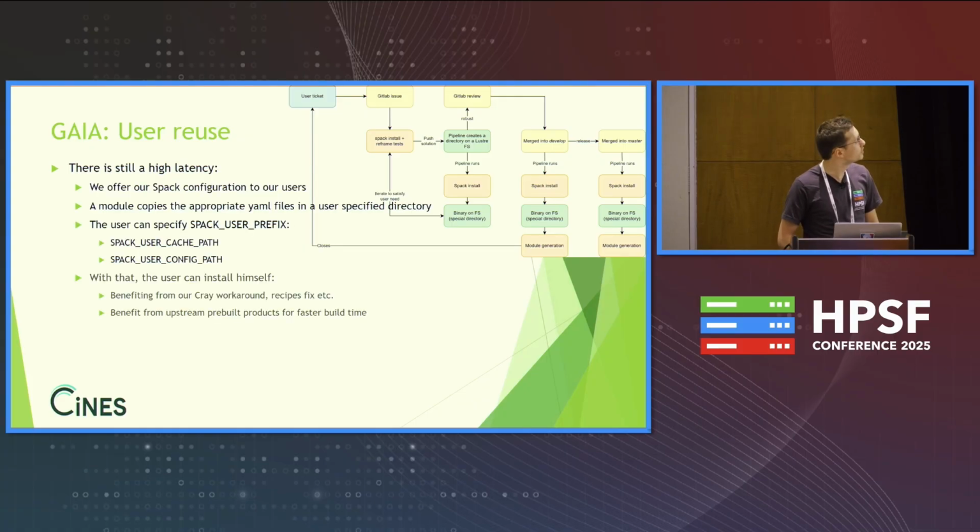And so what we do instead is provide what we call a Spack user, which just takes the form of a module. When you load it, it will copy the Spack configuration that we use into the user's shared directory, for instance, and then he can work himself using Spack to iterate, but directly inside his office directories.